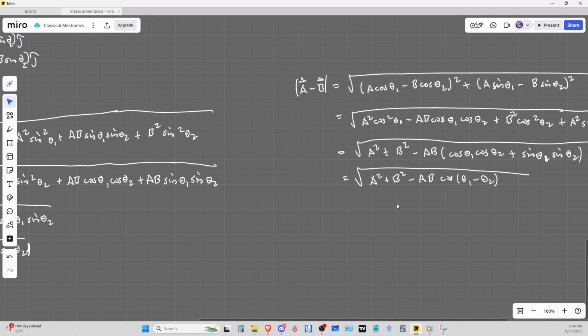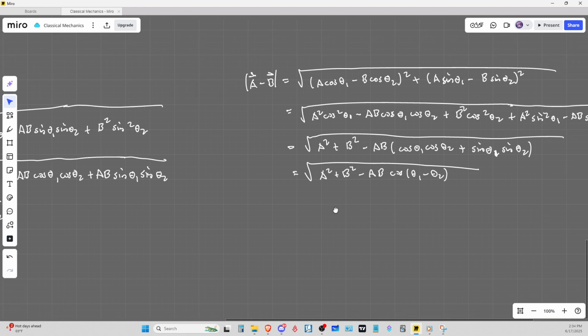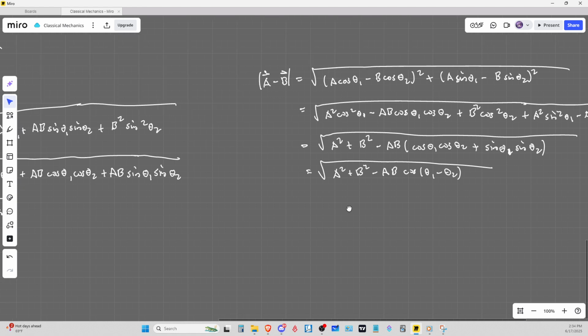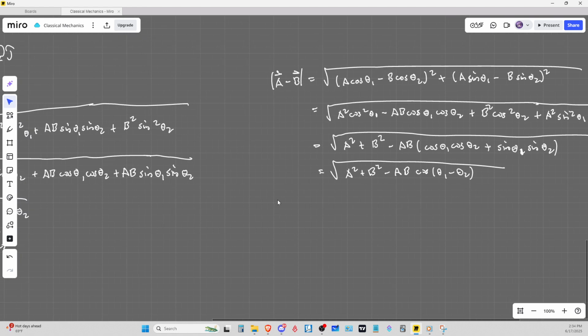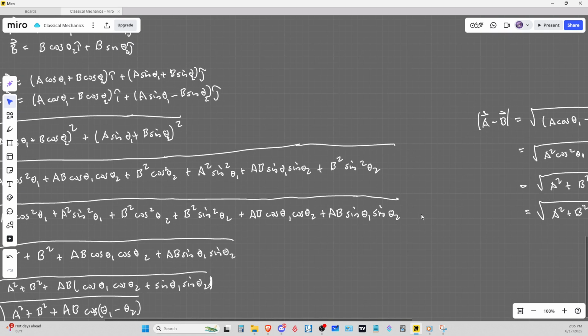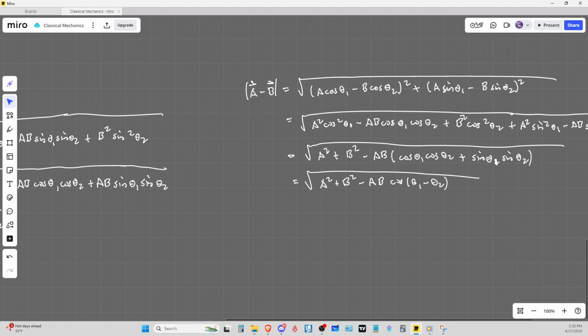At this point we're going to have to assume that the thetas have to equal something in order to show that they're equivalent. If it was 90, then that would be 0. Oh, maybe that's what we needed to do: 90 minus 90.